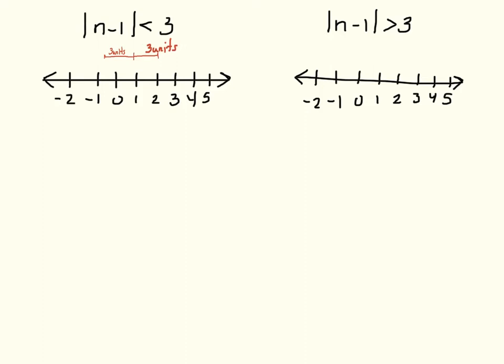Now, when we're talking about 3 units away from 1, it says less than 3 units. That means my graph would have to be an open circle on negative 2, an open circle on 4, because we can't be exactly 3 units away, but we have to be less than 3 units away. So this would be within 3 units, and this would be within 3 units. So it would be anything between negative 2 and 4.